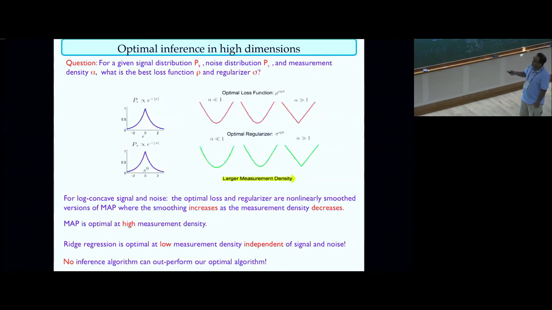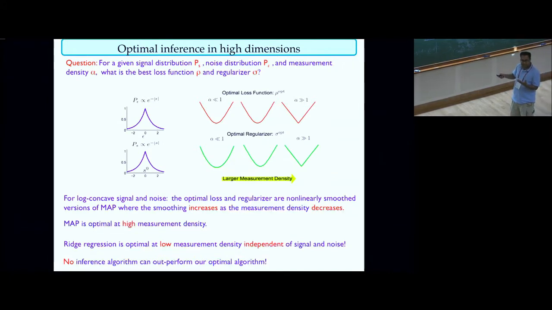So this is the optimal algorithm, and it depends on the measurement density. It turns out when the measurement density is quite large, MAP estimation is the best thing to do, maximum a posteriori inference. So then, the optimal loss function is the minus log probability of the noise, and the optimal regularizer is the minus log probability of the signal. So you want to use the absolute value function for both your loss and your regularizer.